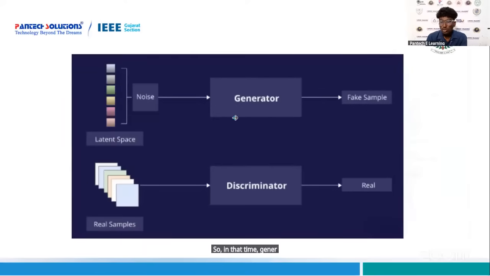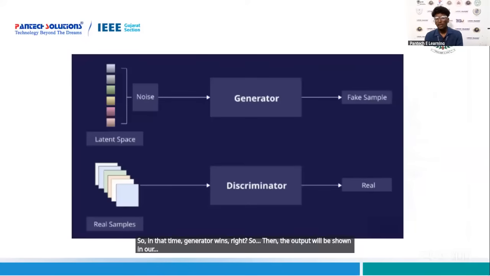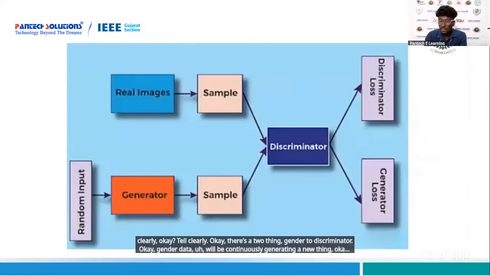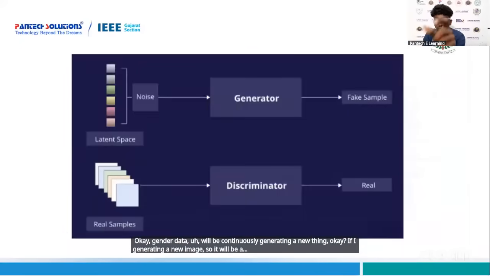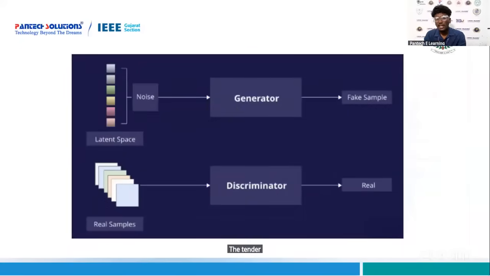Then the output will be shown in our output section. Simply put, there are two things, generator and discriminator. The generator will continuously generate new things. If I'm generating a new image, the generator will create a new, real-looking image, and the discriminator checks whether it is real or fake.